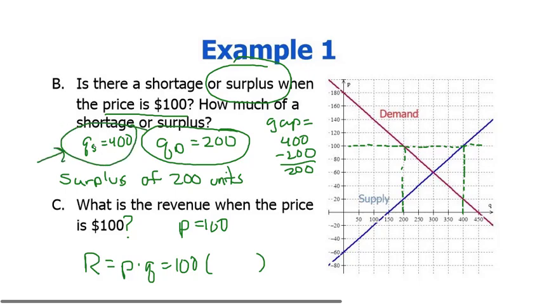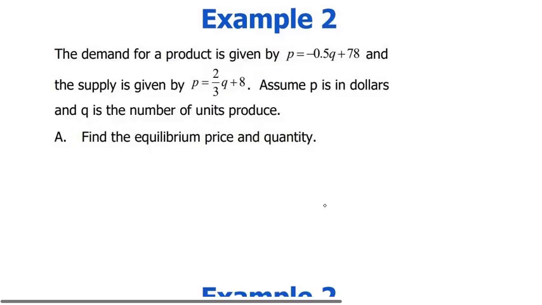We can't sell all 400, which is how many we have on the shelves, because only 200 are what people actually want to buy. So the number that we're going to sell is actually just 200. So this tells us that our revenue is going to be $20,000.